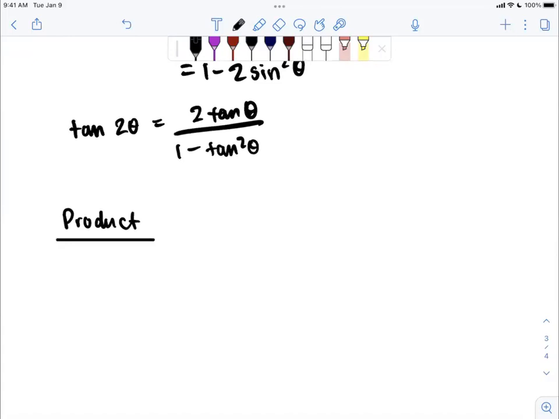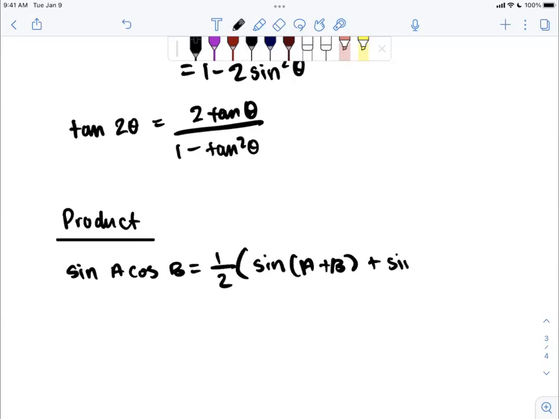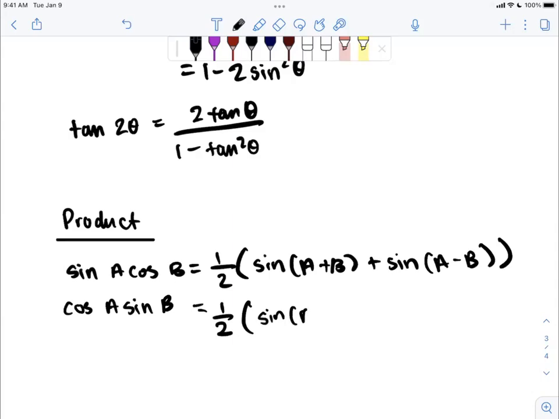So here we're going to have these formulas for sine A cosine B. That equals 1/2 times sine A plus B plus sine A minus B. Cosine A sine B is going to be 1/2 sine A plus B minus sine A minus B. That's like this.